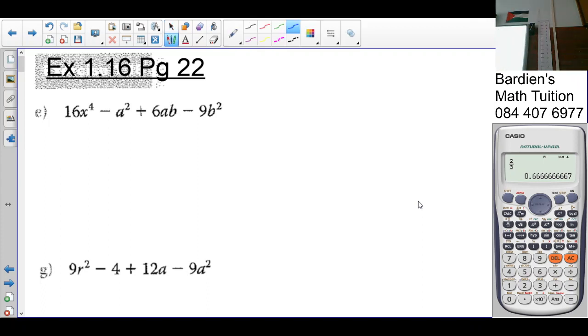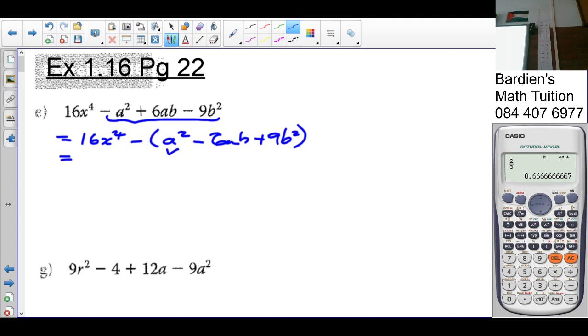So let's look at the first one. You all notice the perfect square trinomial there. Right, so we're taking out negative as a common factor. I'm left with a squared minus 6ab plus 9b squared.